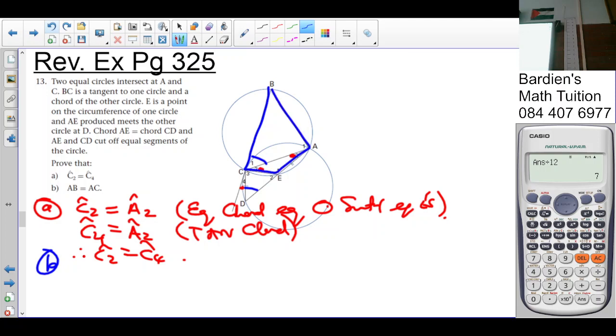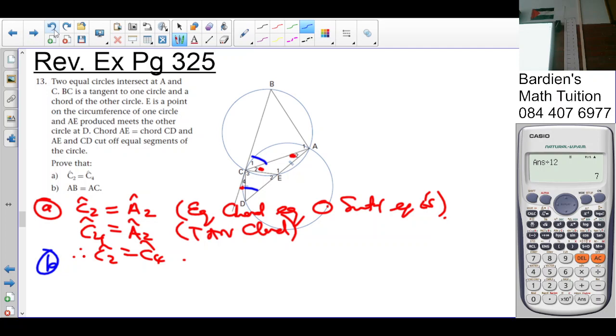Okay, that's not going to help us. Let's check what the answers say. Angle B equals C2? Is that right, people?